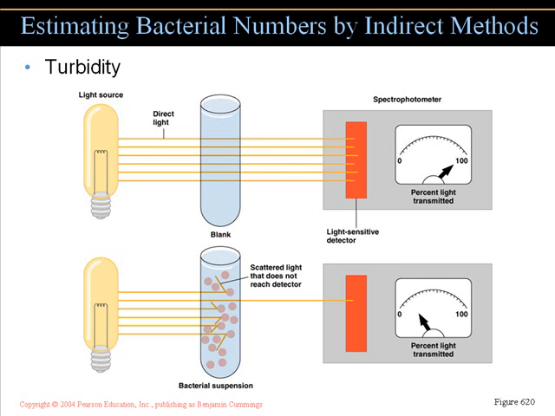As you can see in the illustration, light can pass through this tube because there's no turbidity, and the spectrometer gives a particular number. If there's a significant amount of bacteria in the solution, then a minimal amount of light is passed through. The spectrometer gives a different reading, and you can get a relative bacterial count based upon that spectrometry.